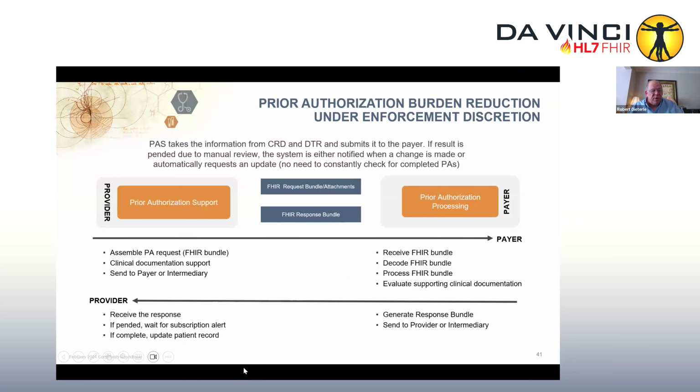And now, as part of the enforcement discretion, it's entirely possible to send that FHIR bundle request directly to the payer. There's no need to go through an intermediary and translate it into an X12-278. The payer can respond back directly to the provider with the FHIR response bundle.